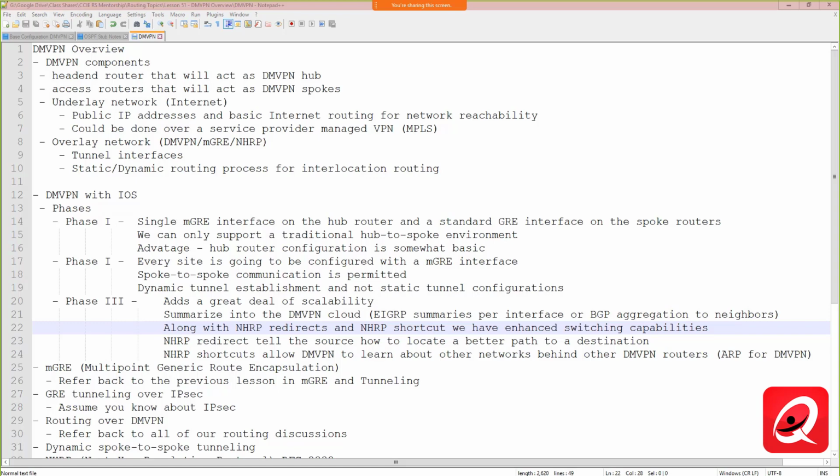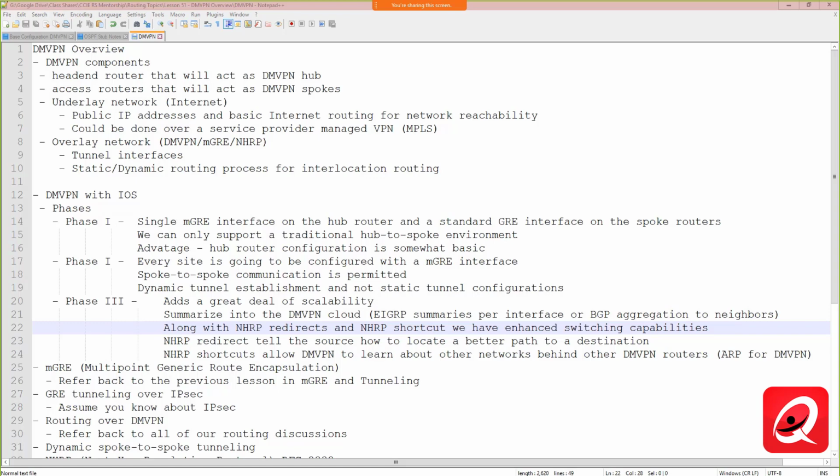So if we are participating in a layer 3 MPLS VPN or a layer 2 MPLS VPN or some other internet-based WAN topology, we don't need to worry about whether or not the underlying network supports what our routing needs are, because the overlay network is where we apply the routing in this particular case. All we have to ensure is that we have some sort of IP connectivity or IP reachability between the endpoints from the public domain. That's really it. All right, so that's one of the terms that you'll have to be familiar with, right?